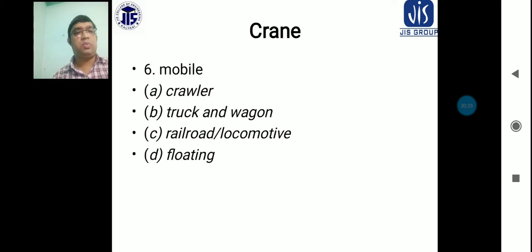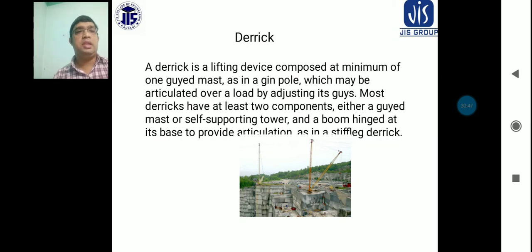Another one comes with the floating cranes. These floating cranes are used in sea areas, where the crane fully floats, and it moves during loading and unloading. Basically different types of tankers and similar conditions use floating type cranes. And the derrick is here.